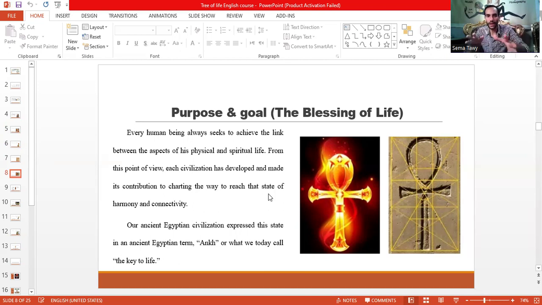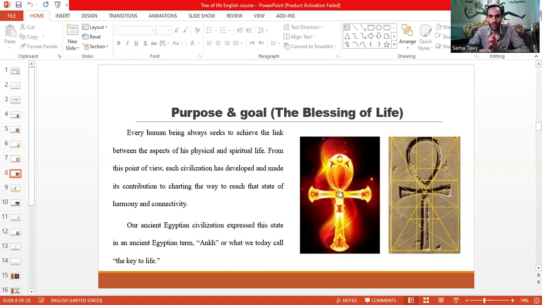The blessing of life and the secret of blessing of life are inside this beautiful and important symbol. This is not a general symbol in ancient Egypt, but a very, very important symbol that has deep meaning inside it.